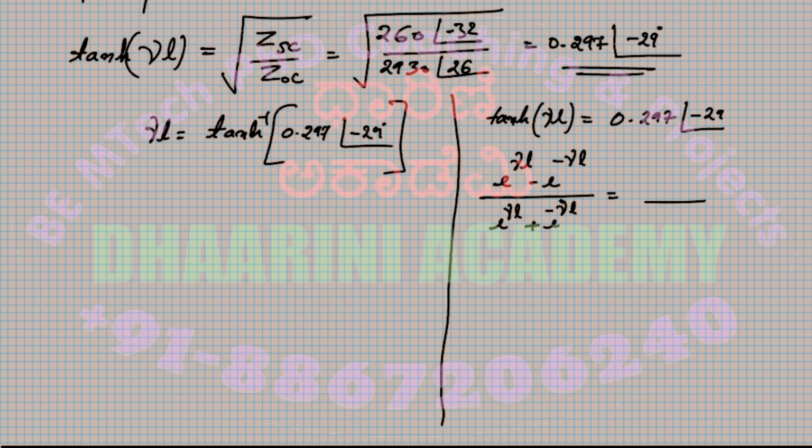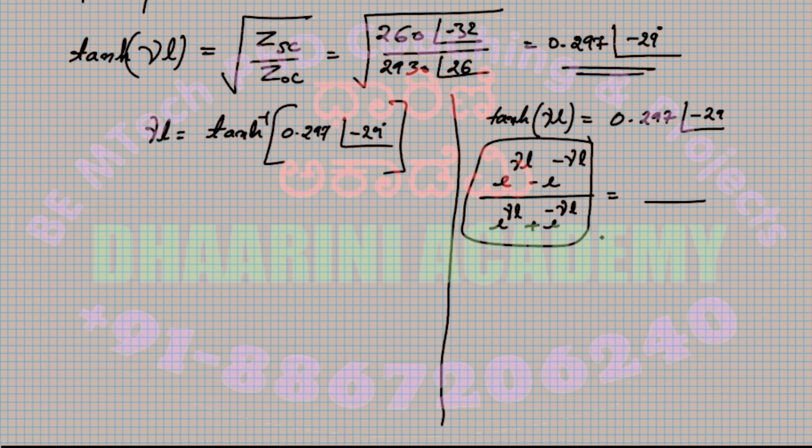So what I have to do, only for this left hand side, I need to multiply and divide by, to perform the rationalization, by multiplying and dividing by e to the power gamma L minus e to the power minus gamma L, so that the denominator gets rationalized.